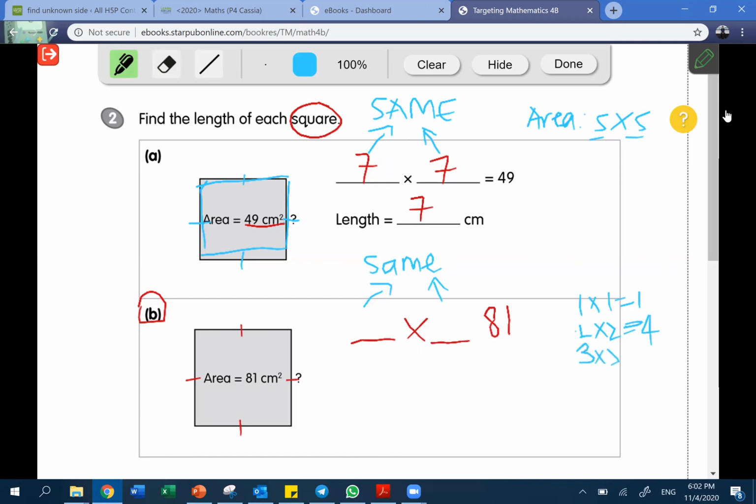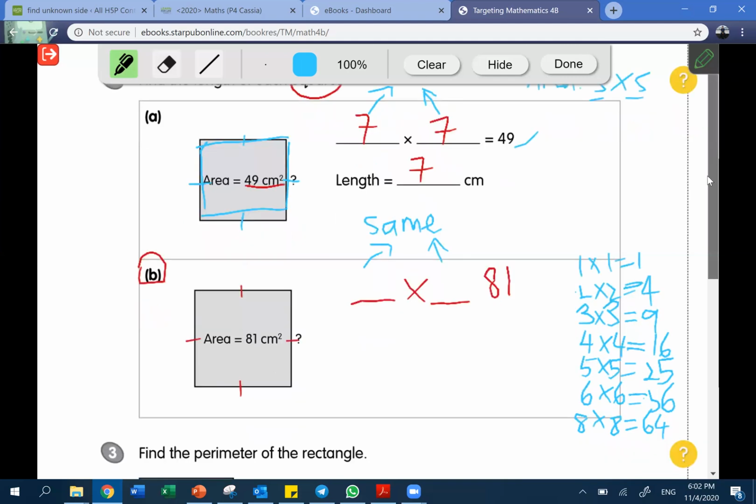3 times 3 equals to 9. It's not. 4 times 4 equals to 16. Also not. 5 times 5 equals to 25. 6 times 6 equals to 36. Then we have found out here 7 times 7 equals 49. 8 times 8 equals to 64.